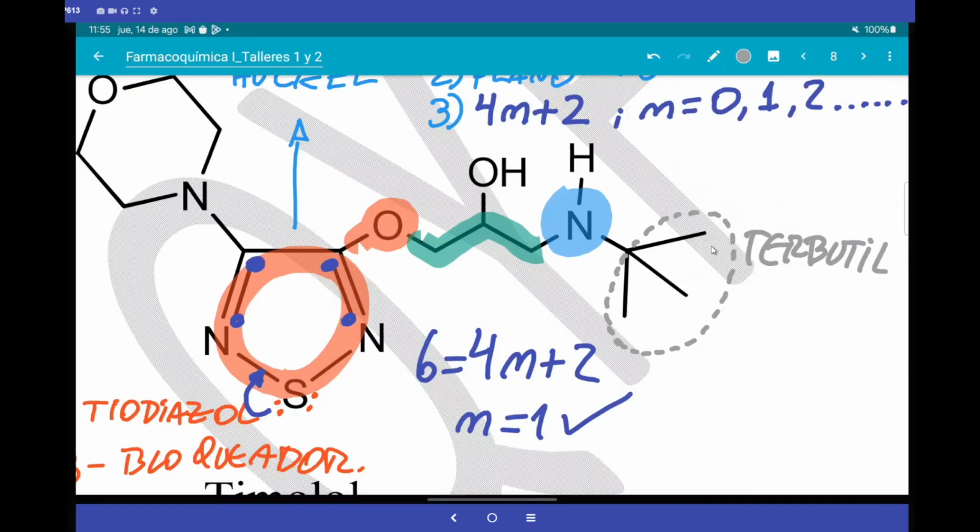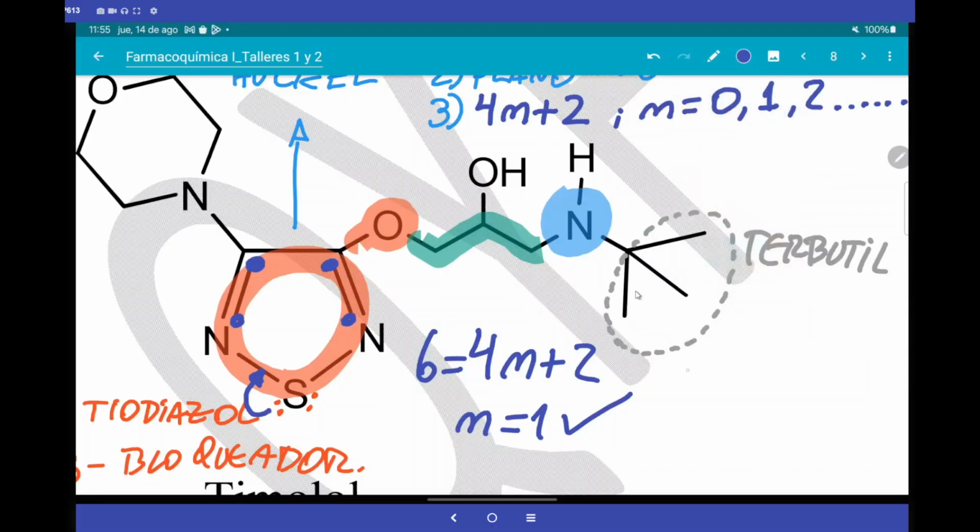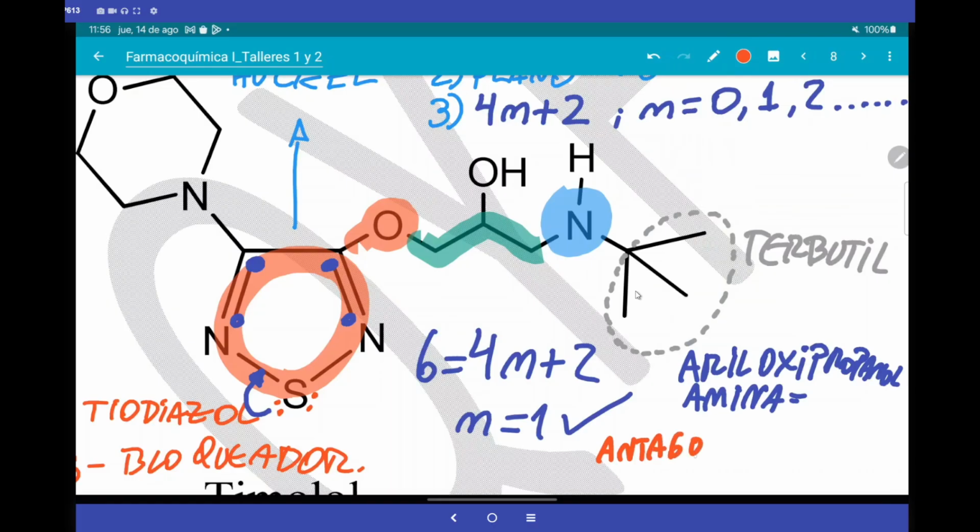When we have these things that disturb the structure, this oxygen and this large group, we get this type of pharmacophore called aryl oxypropanolamine. This is an adrenergic antagonist, the opposite of an agonist.